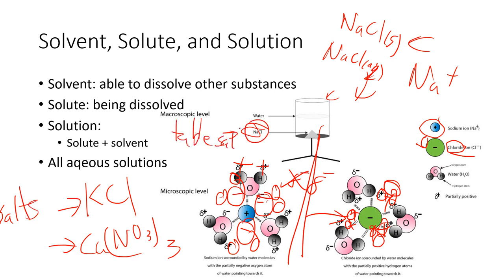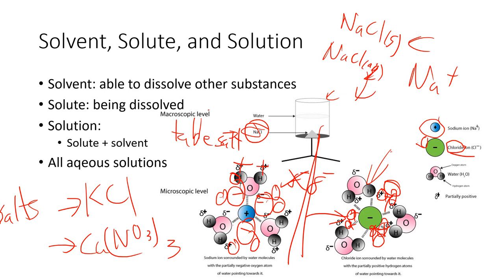But there can be many different kinds of salts. Basically, if something dissolves in water, this is how it would dissolve. The compound, in this case NaCl, splits into positive and negative ions, and these ions are surrounded by water molecules. The negative ion, in this case chloride, is surrounded by the positive hydrogen atoms, and the positive ion is surrounded by the negative oxygen atoms.